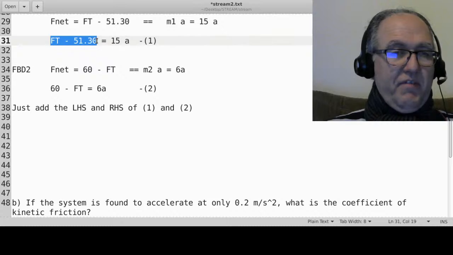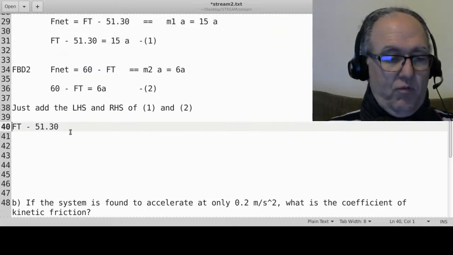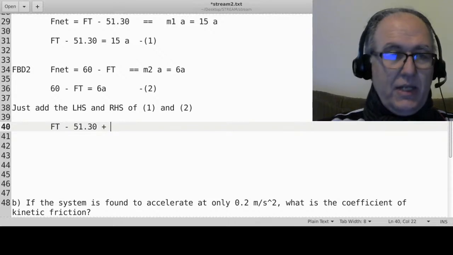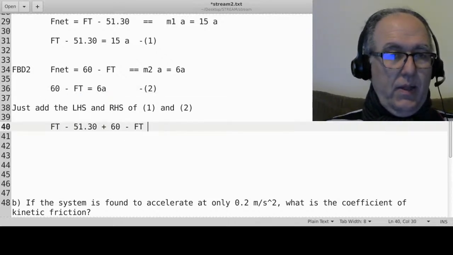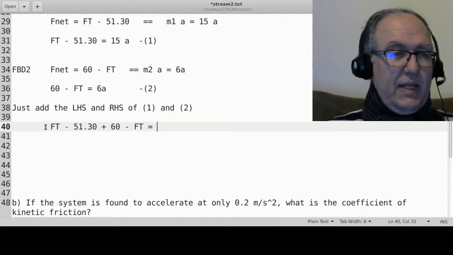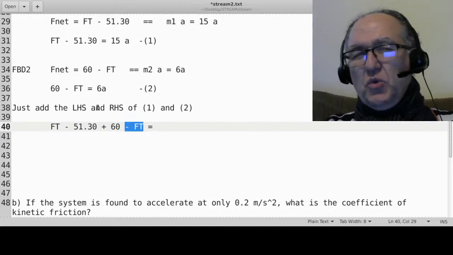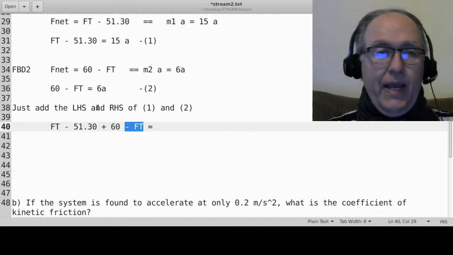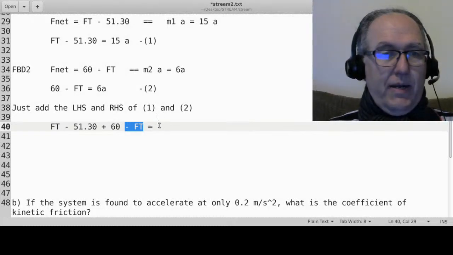We take the left-hand side of 1 and add to it the left-hand side of 2. You can already see that the Ft will cancel out. That's why this technique is nice, because it's easier than having to isolate Ft and substitute in.